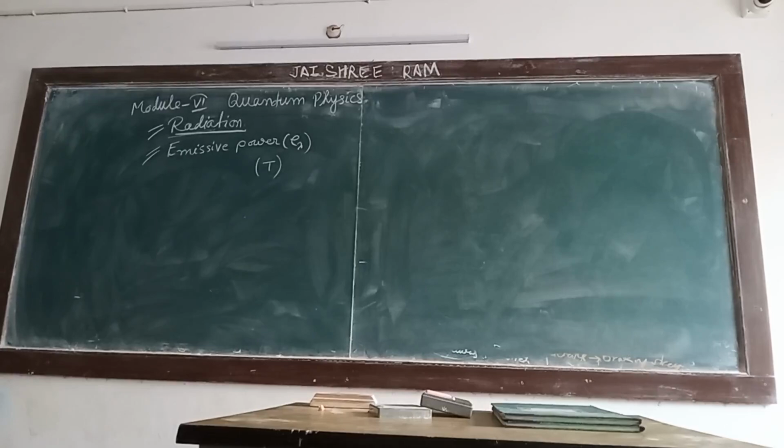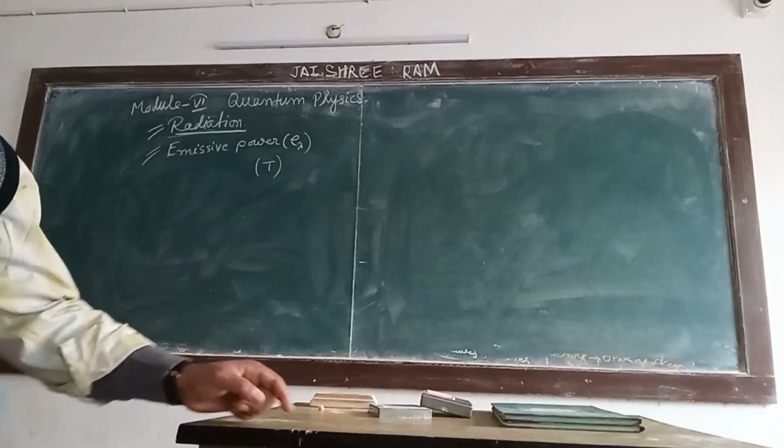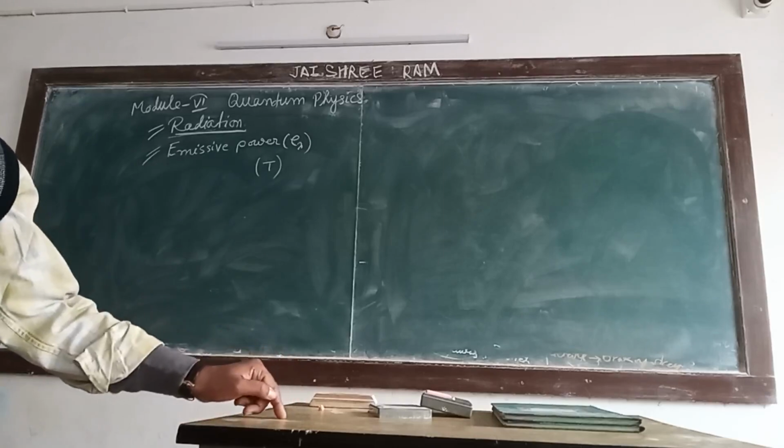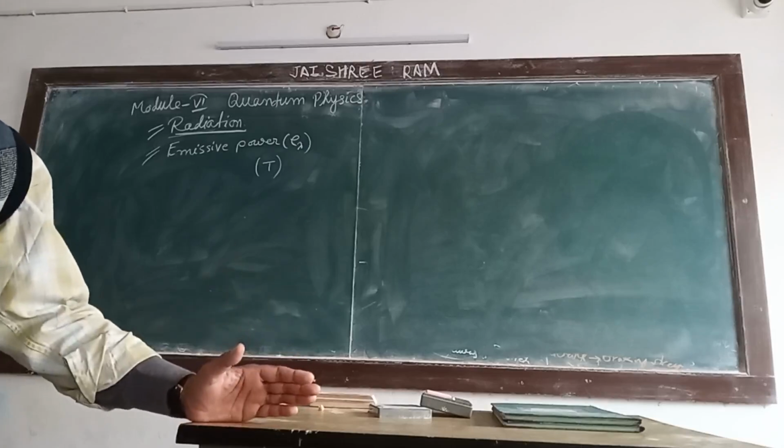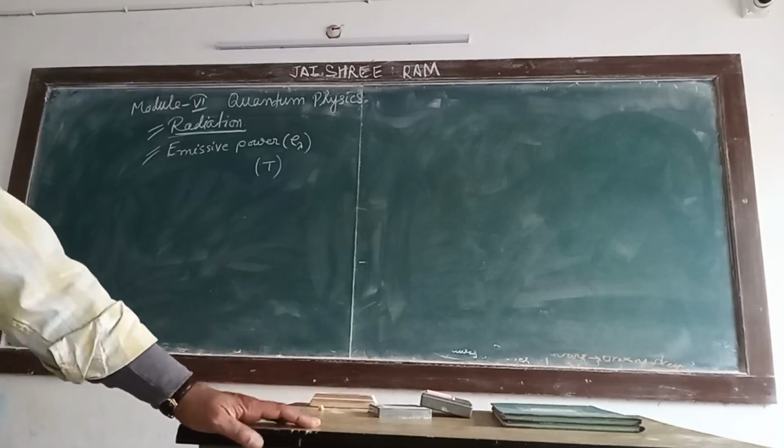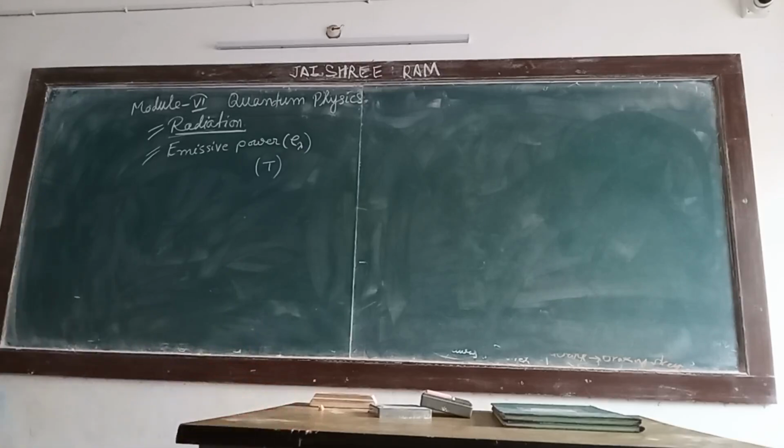Okay, so radiation emitted from the surface normally, per unit area, per unit second, per unit range of wavelength, that is called the emissive power of the material.